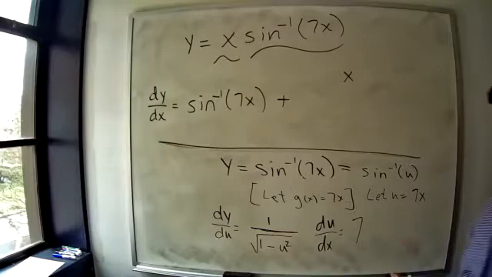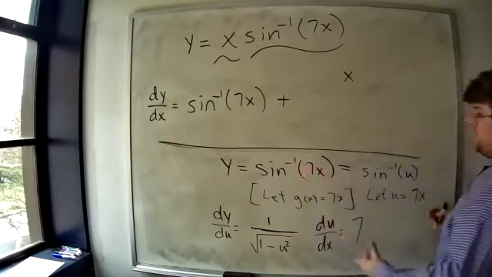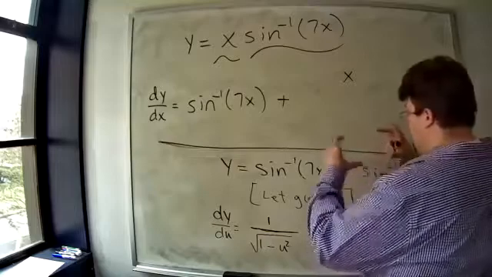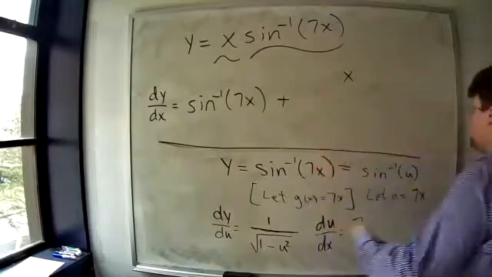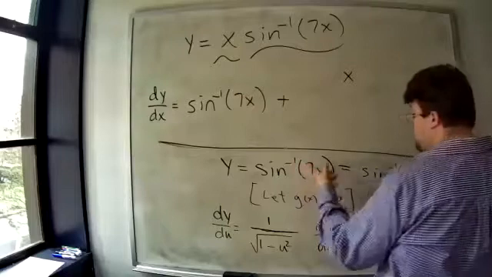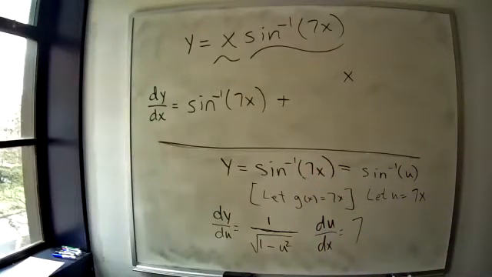In general, I like to think of the choice of u as being an inside quantity, a large quantity on the inside of a function, which here is 7x. In part C, for the one, it would have been 3x. For the other, it would have been the 5x.